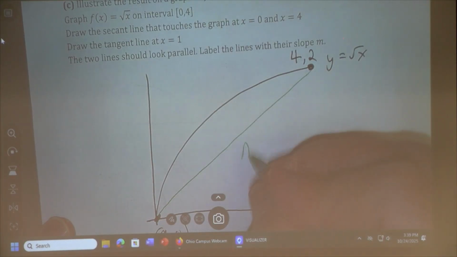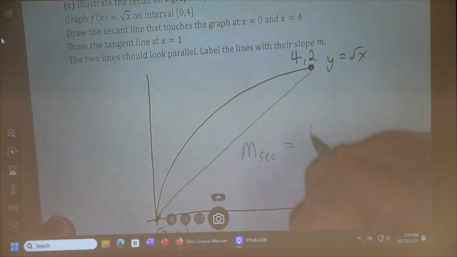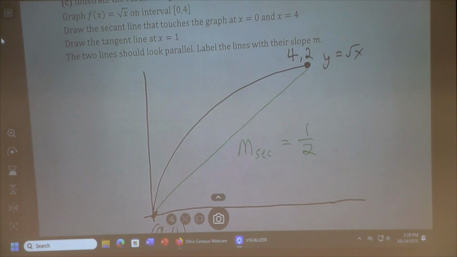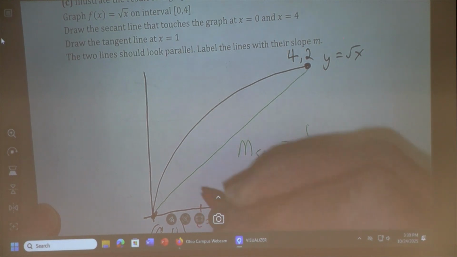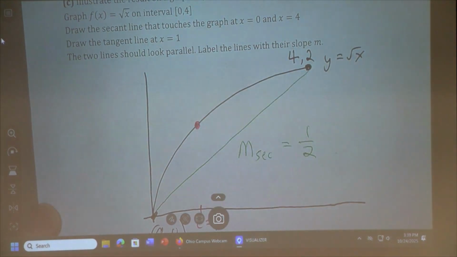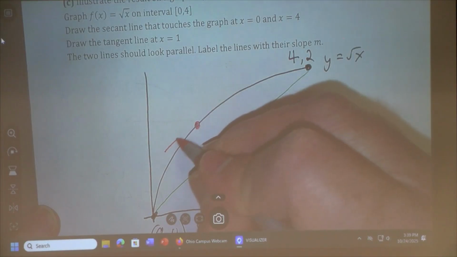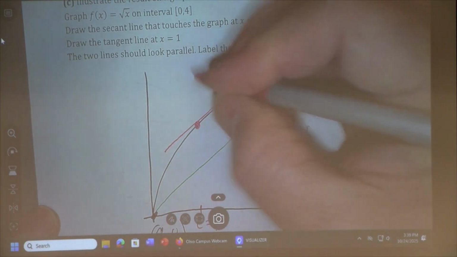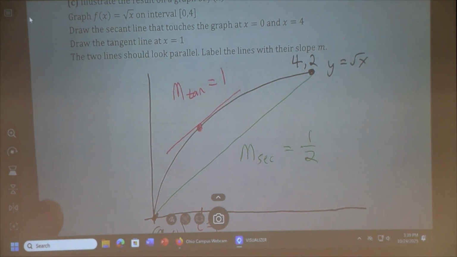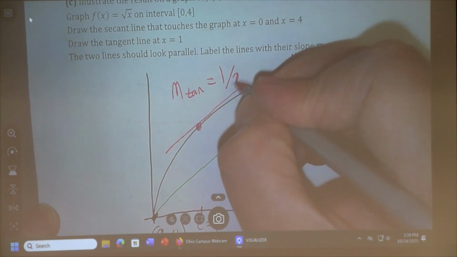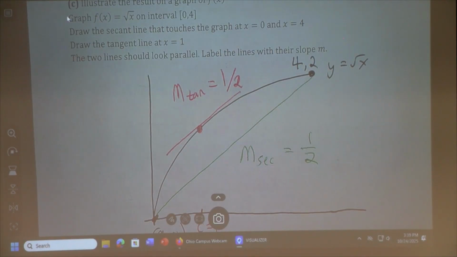So m secant is the number 1/2. And our number c is 1. So if we go to the graph at that point and draw the tangent line, it has also slope 1/2. Isn't that pretty?